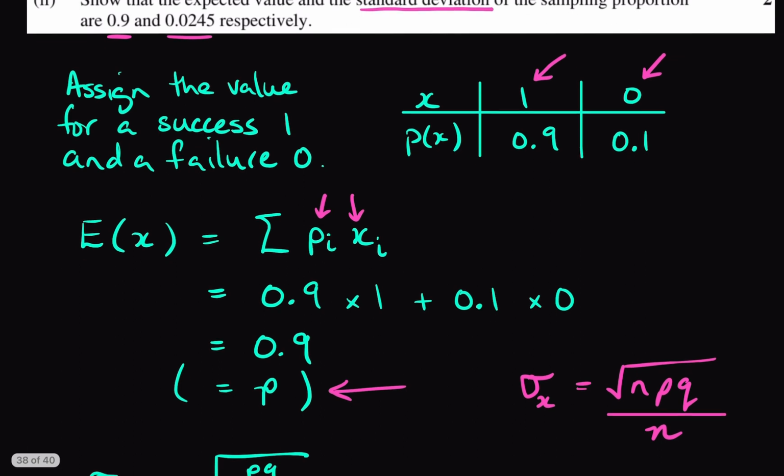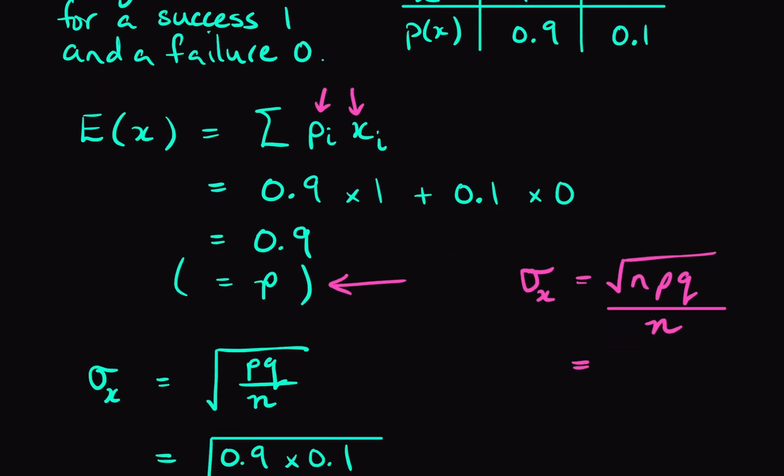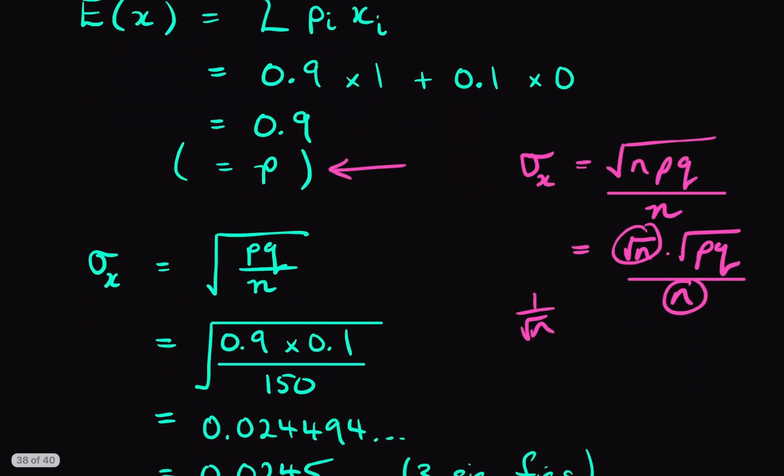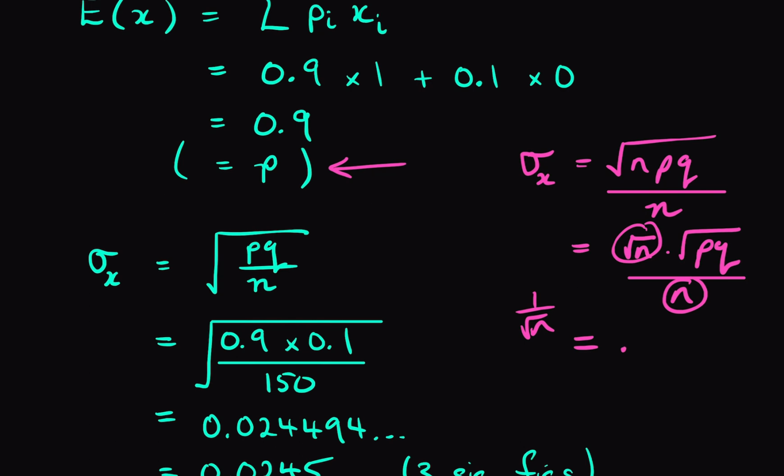Now, another way to express that is the square root of NPQ. I'm going to write it like this: square root of n times the square root of PQ, and dividing that by n. This part here, root n over n, is the same as 1 over root n. So now I can say this is the same as the square root of PQ over n, where the n we can bring inside the square root.